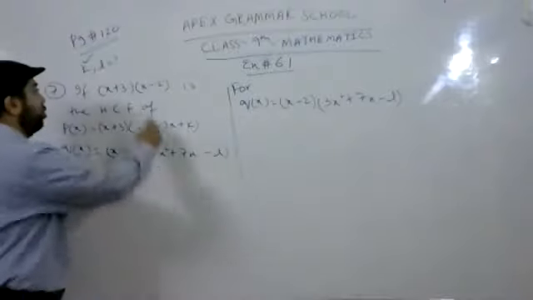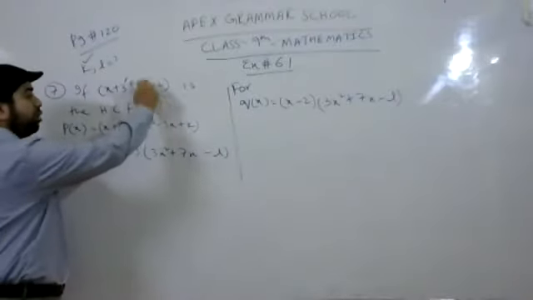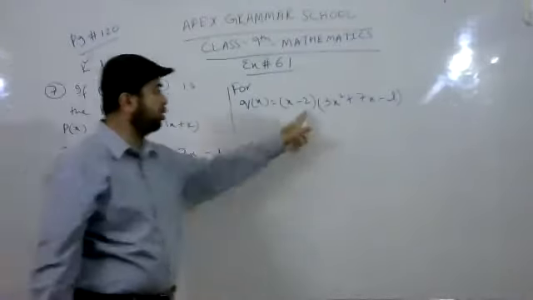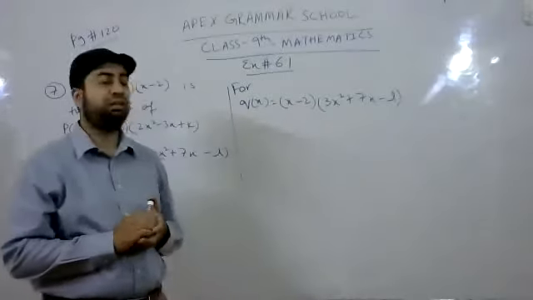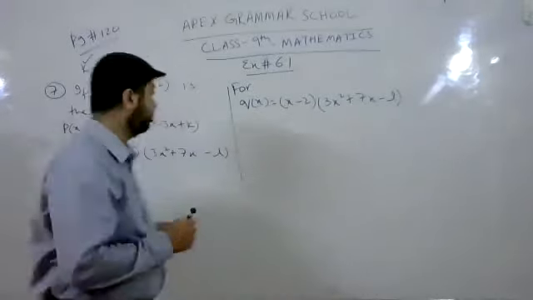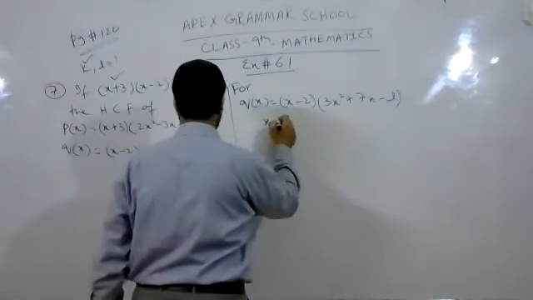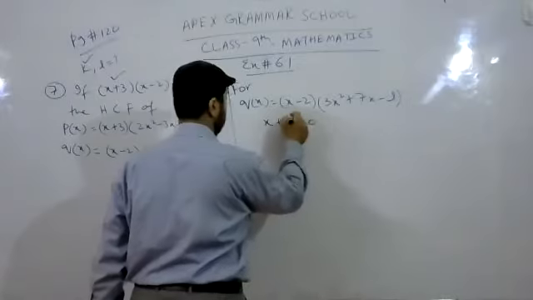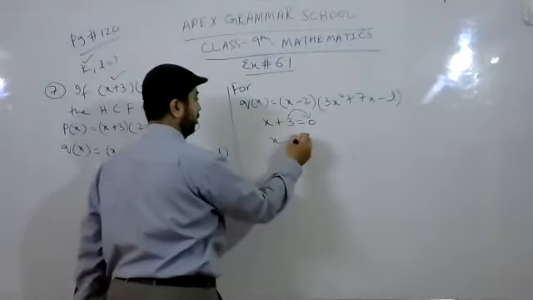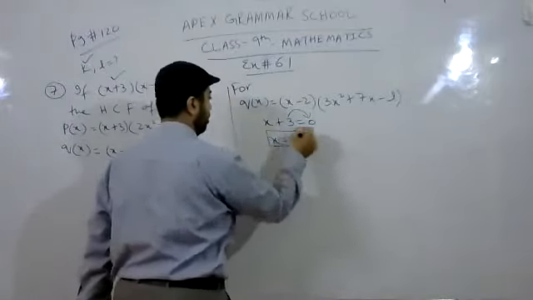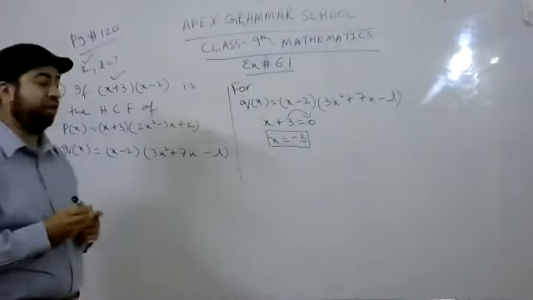If we apply this one, x is equal to 2, then 2 minus 2 will be 0, and we can't get the value of L. So we will use this. x plus 3 is equal to 0, and then the value of x is minus 3.